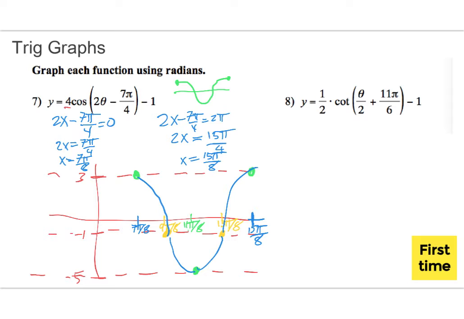For the next one, I'm basically going to do the same thing. The problem that I've got is I've got cotangent. So that plays some games with some of the things that we're comfortable with. I'm going to start out by beginning this process again. And thinking about this, I'm going to first find my midline, which is at -1.